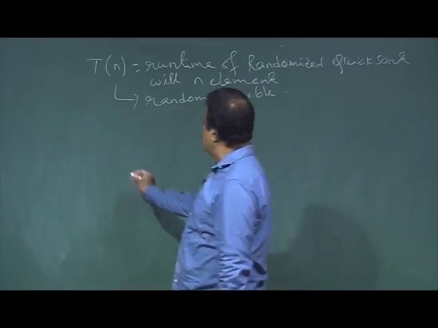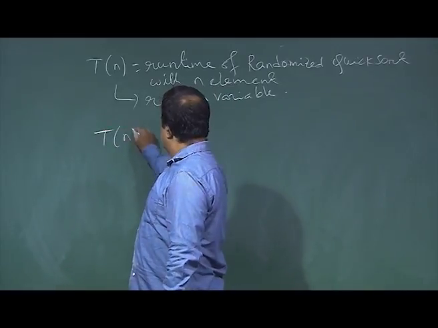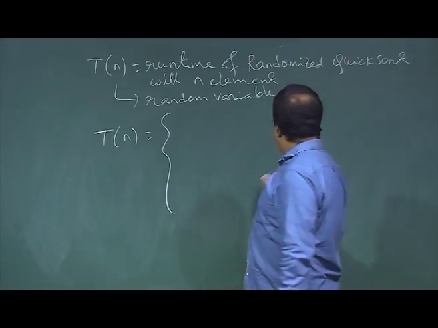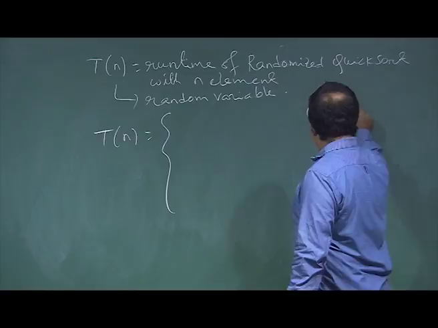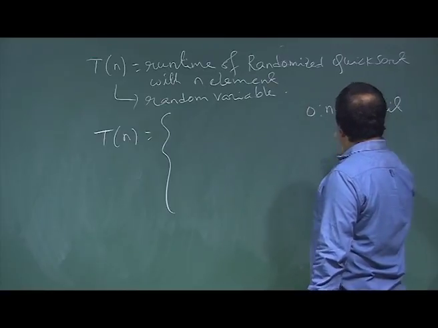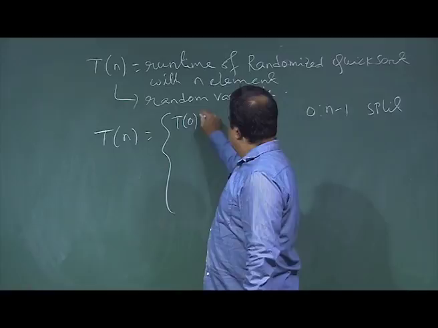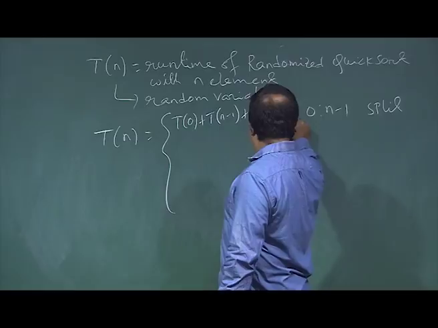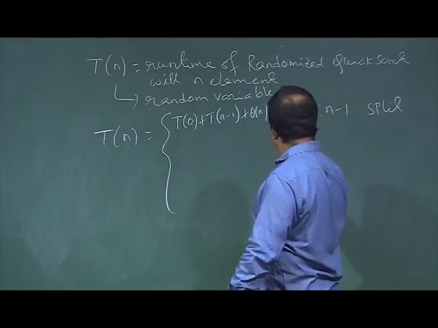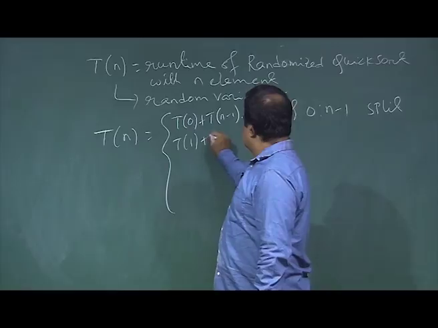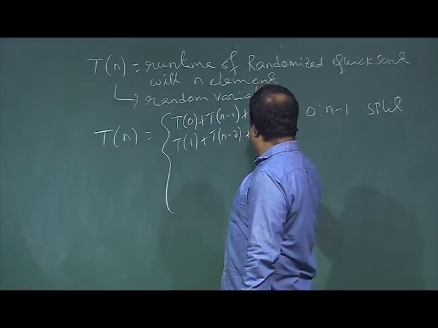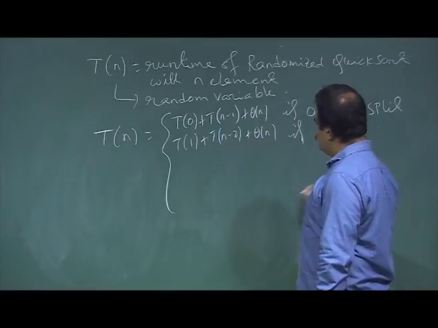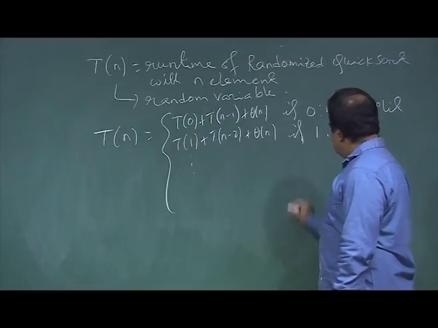So Tn can be written in the following form. It depends on the partition. If the split is 0 to n minus 1, then Tn is T0 plus Tn minus 1 plus theta of n. Otherwise, T1 plus Tn minus 2 plus theta of n, if the split is 1 to n minus 2, and so on.